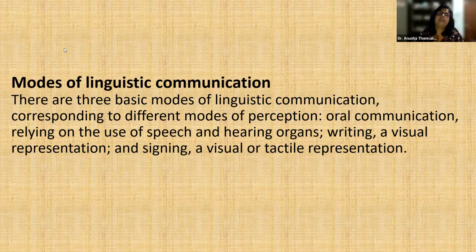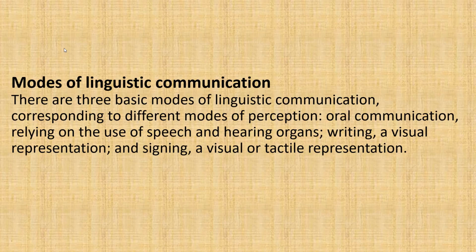Oral communication relying on the use of speech and hearing organs. So when it comes to oral communication, it depends on speaking and hearing. Writing, a visual representation. The writing is always visual. And sign language, a visual or tactile representation.